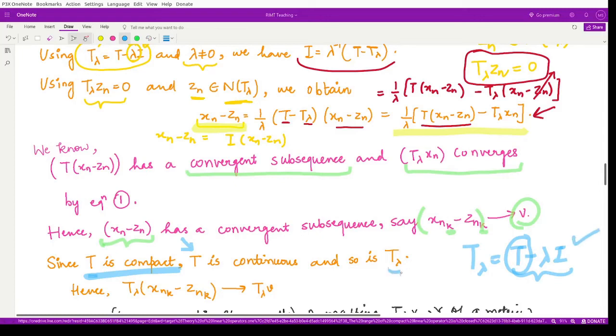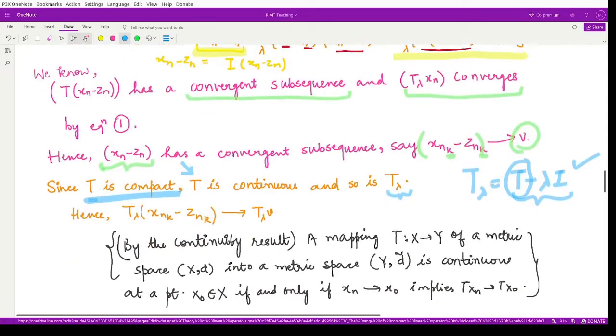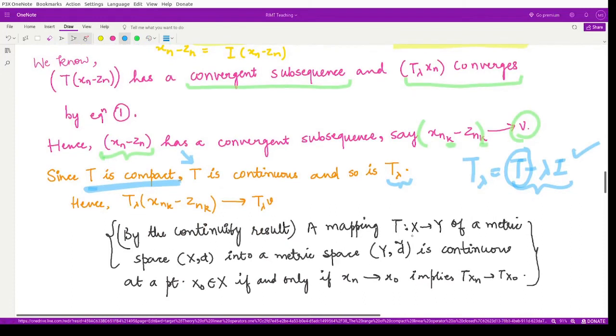You must remember the continuity result: if you have a continuous mapping and xn converges to x0, then T applied onto that would also converge. So because the T lambda mapping is continuous and x of nk minus z of nk converges to v, T lambda of x nk minus z nk converges to T lambda of v.